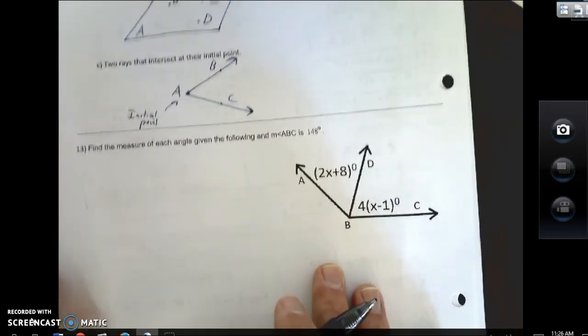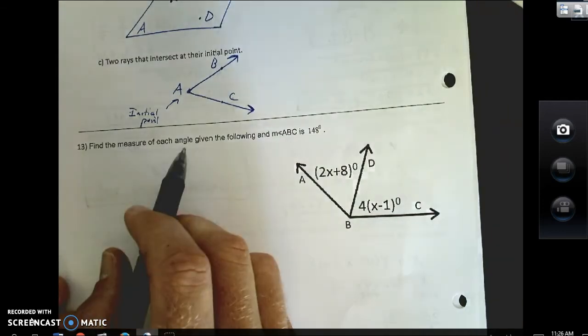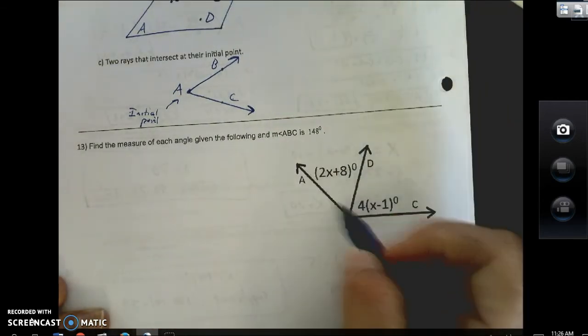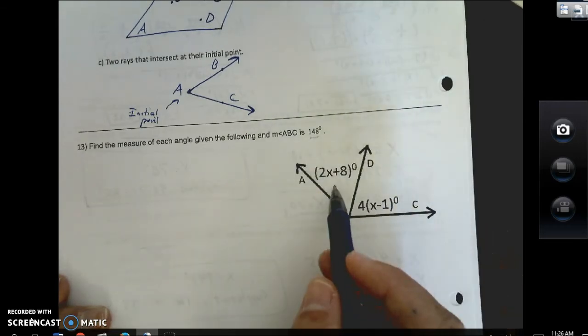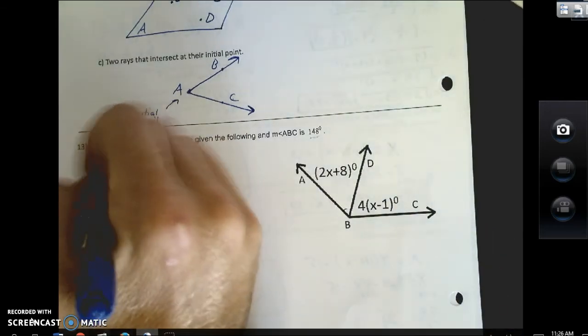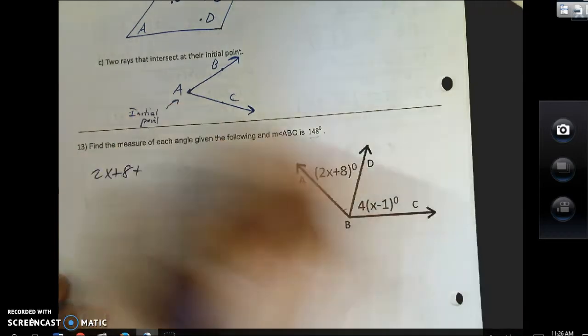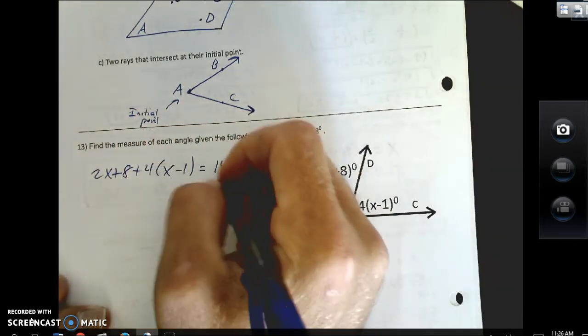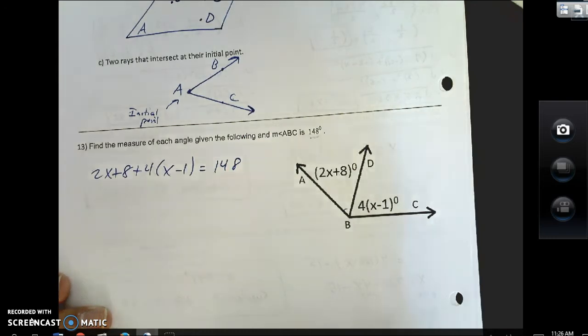Alright, last and final one. Find the measure of each angle given the following, and the measure of angle ABC is 148. They're telling you the big angle is 148. So I can add these 2 small things together and make them equal to 148. Okay.